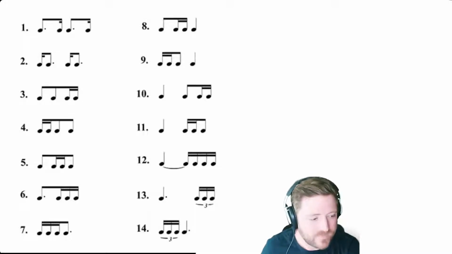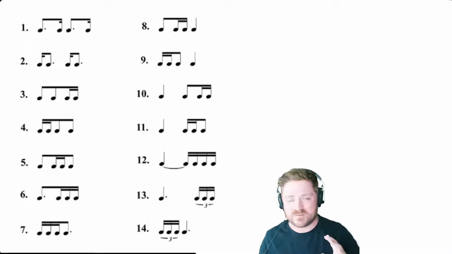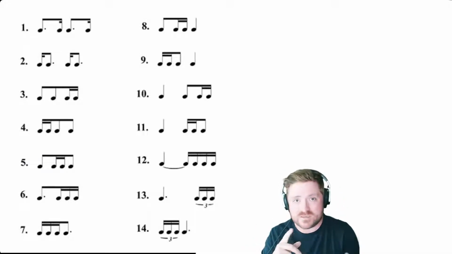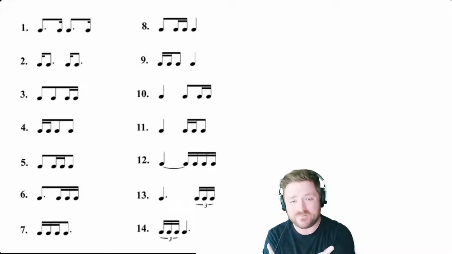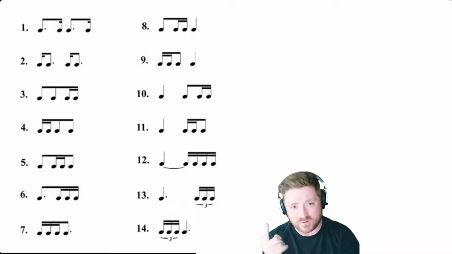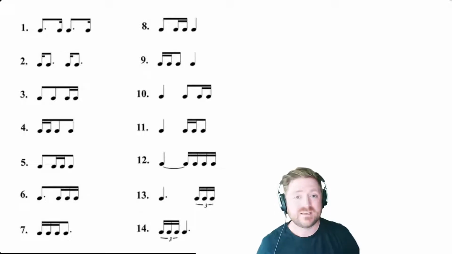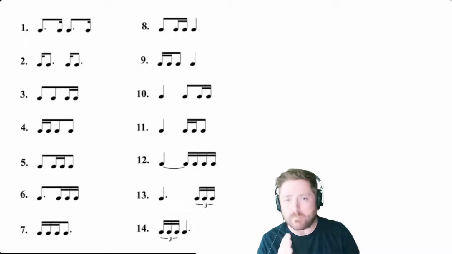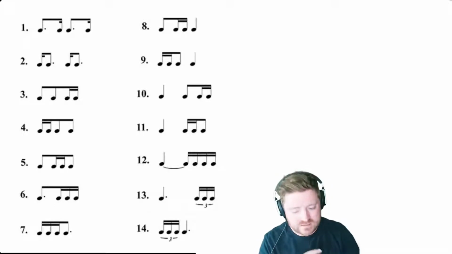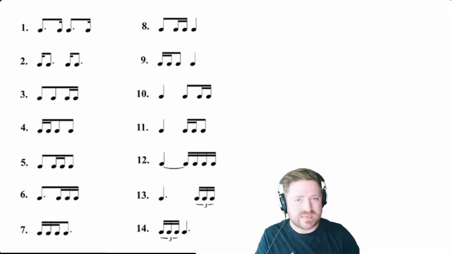Fabulous. And if you struggle with these particular rhythms, either the dotted quaver, semiquaver, or the invert, where you've got the semiquaver followed by the dotted quaver, what we call the Scotch snap, then just get a metronome and practice. And at all times when you are listening to the metronome, do your best to internalize that rhythm. If possible, physicalize it.